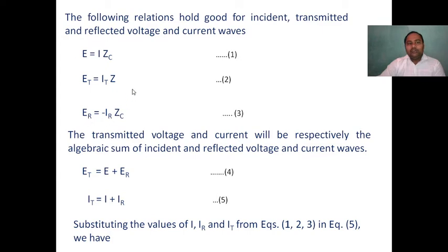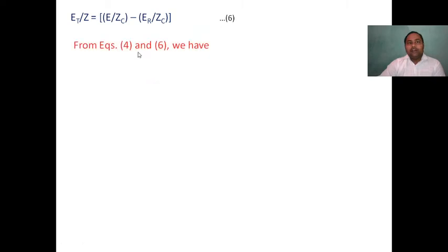If you substitute these values in equation 5, we get ET by Z is equal to E by ZC minus ER by ZC. From equations 4 and 6, we have ET by Z is equal to E by ZC minus (ET minus E) by ZC.